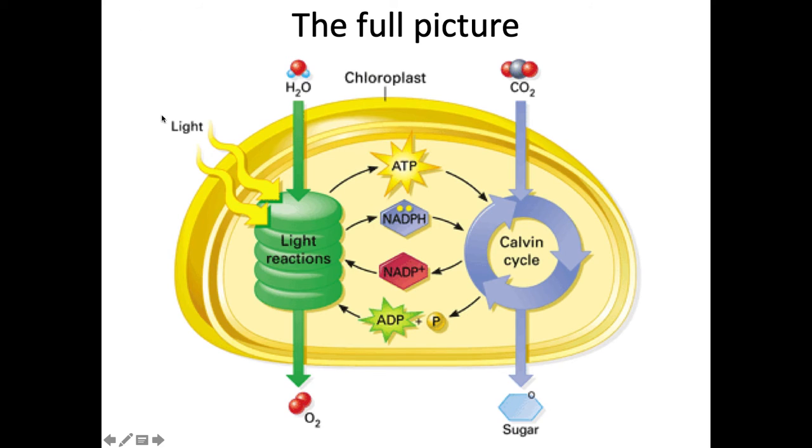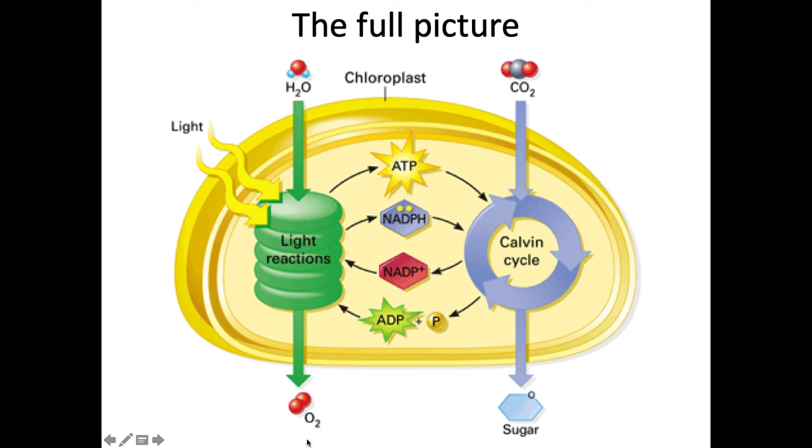So here is the big picture. We have light energy entering our thylakoid. We have water entering our thylakoid. The light energy and the chlorophyll are able to split that water molecule into H pluses, electrons, and oxygens. The oxygen leaves right away, it's a waste product.